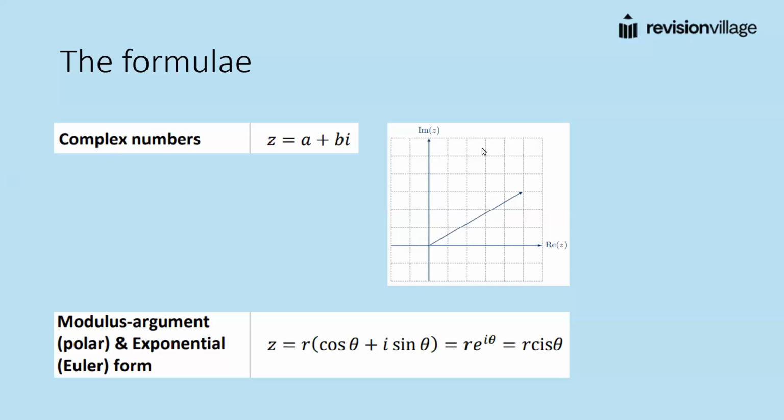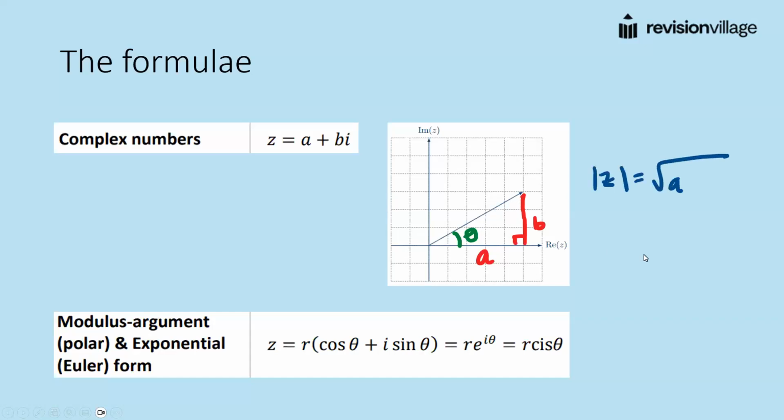So yeah, these are the formulae we get, and just quickly showing the relationship between these. First of all, in rectangular form, a plus bi, we have our real part and our imaginary part, and they always form a right angle triangle, of which they create this angle theta, which is the angle measured anti-clockwise from the positive real axis. And so we can just use basic right angle triangle trigonometry to find out things like what we call the modulus of a complex number, or the distance away from the origin.